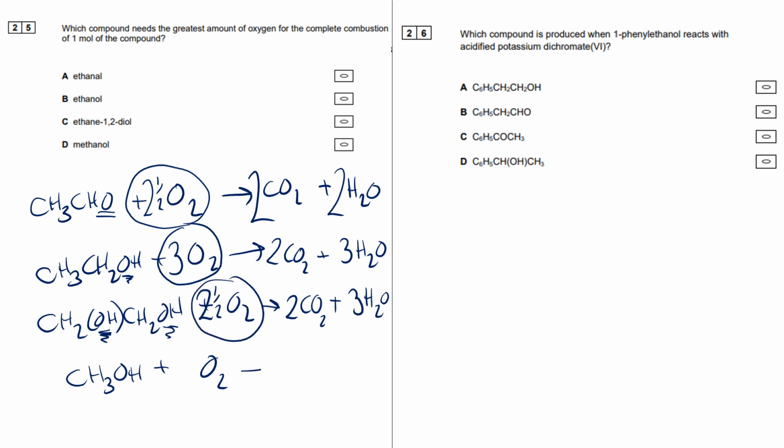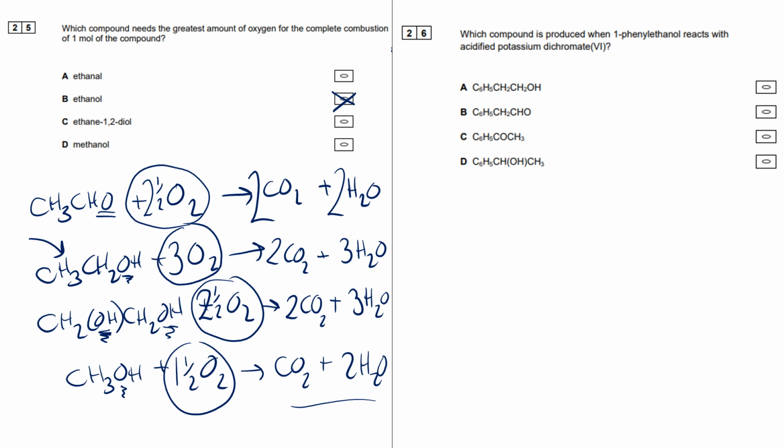And finally, methanol plus oxygen, we are only going to make 1 CO2 and 2 H2O. There are 2 plus 2, 4 oxygens in total, minus the one that's there, so 1.5 O2. Which one needs the greatest amount of oxygen? It is ethanol. So B is our correct answer.